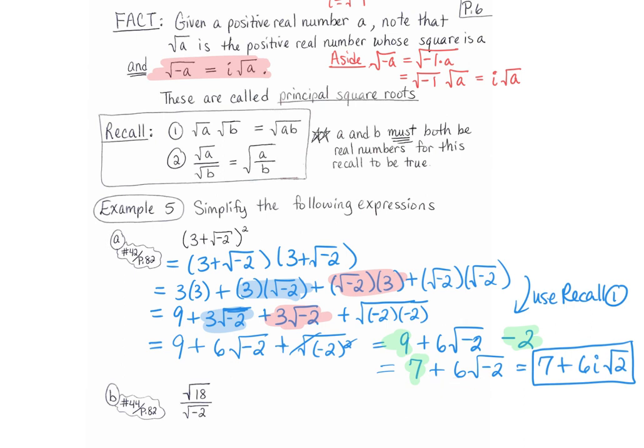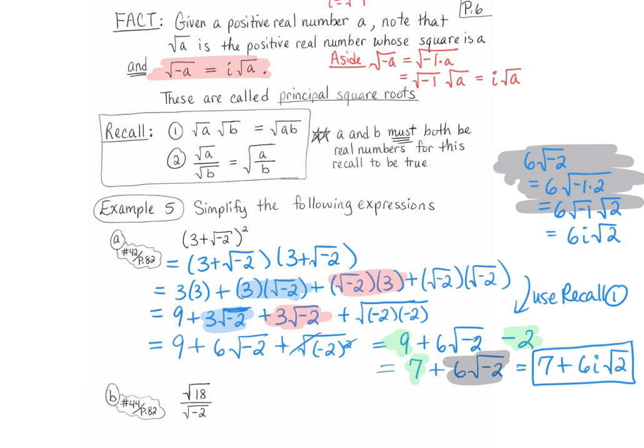So zooming in on this portion, we have 6 square root of -2 is equal to 6 square root of -1 times 2. That's 6 times the square root of -1 times the square root of 2. The square root of -1 we know is i. So this is 6i square root of 2. What other questions do you have?